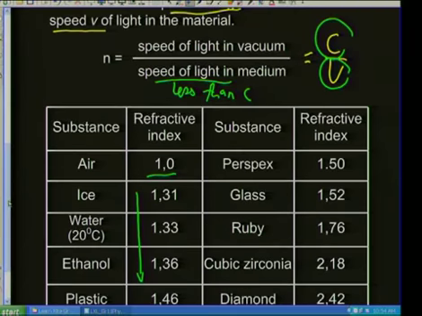What does that mean? It means to get an answer of 2.42, the speed of light in the material must be much smaller. It's in fact more than 2 times smaller than the speed of light. Notice that that speed will still be in the region of a fraction times 10 to the 8. Okay? It won't be times 10 to the 4 or something like that.